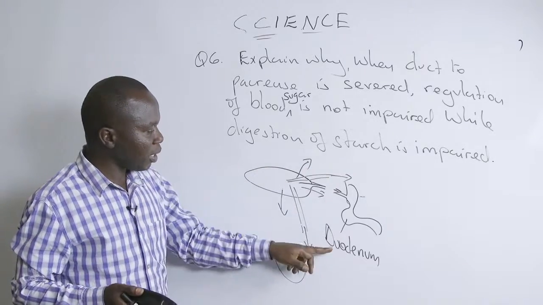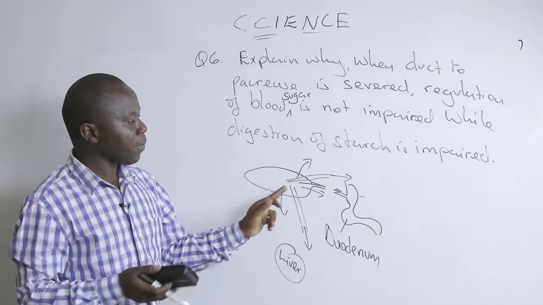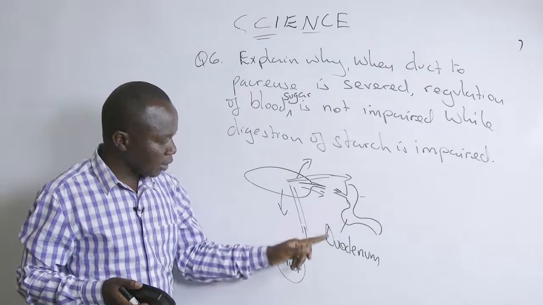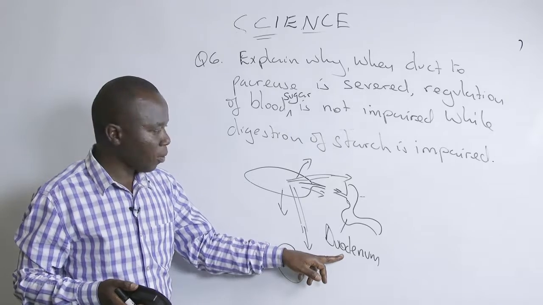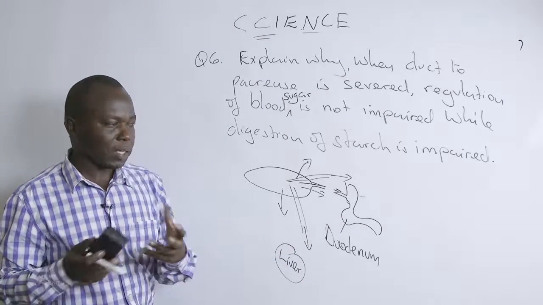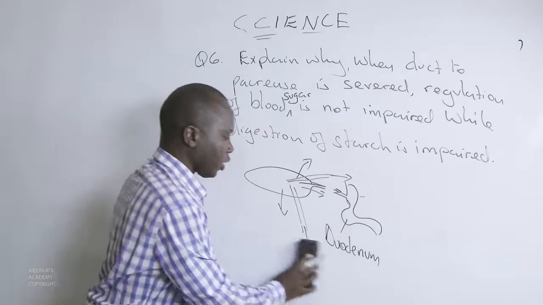But for starch to be digested, that duct must be there to allow the enzymes, or pancreatic juice, to reach the duodenum, so that the amylase can act on starch.